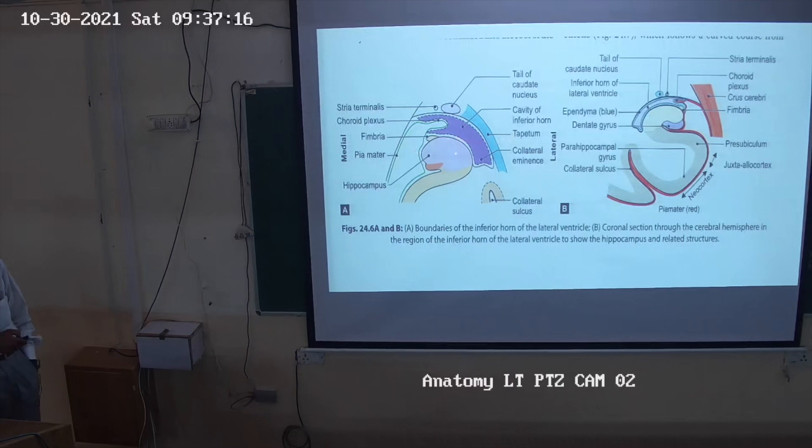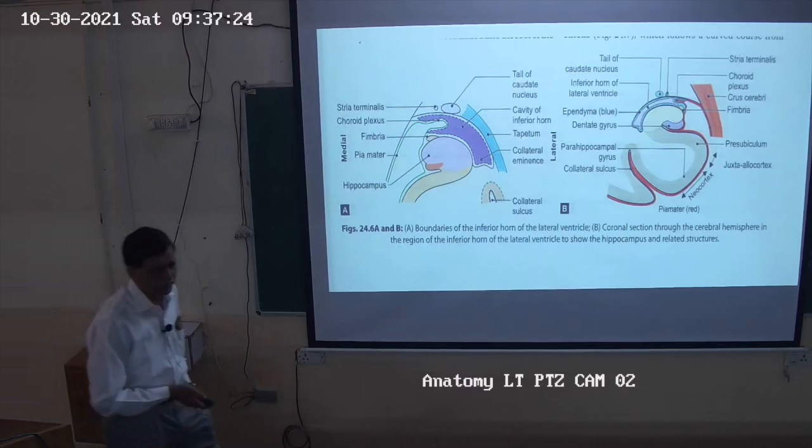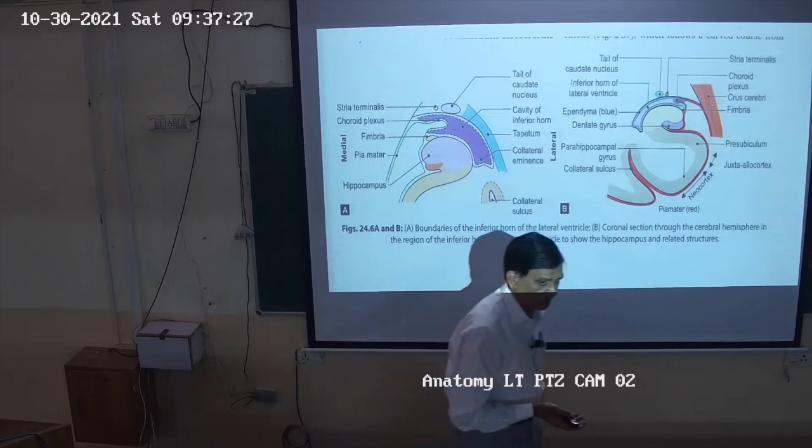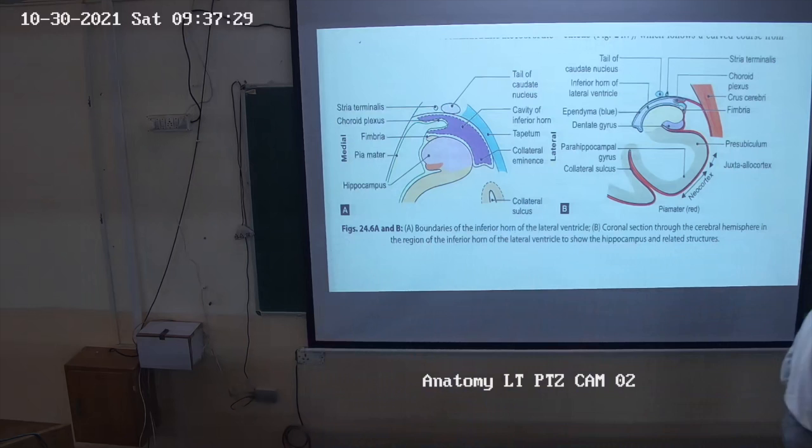The floor of the inferior horn is formed by the hippocampus, and the fibers of the hippocampus also reach up to the surface of the ventricle. These projection fibers from the hippocampus covering the ventricular surface are named the alveus.